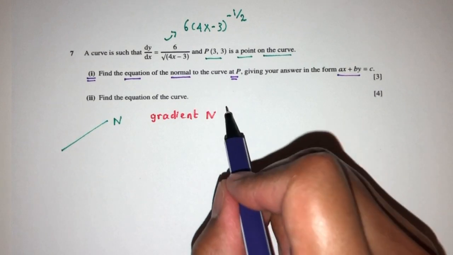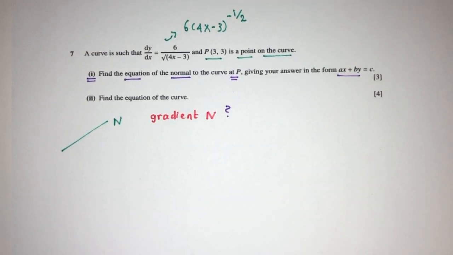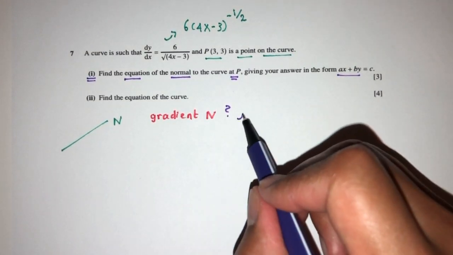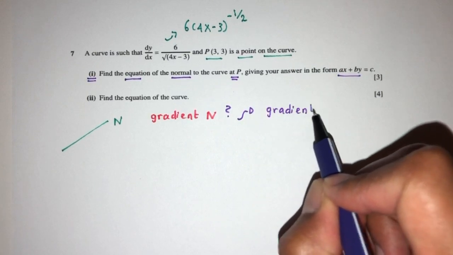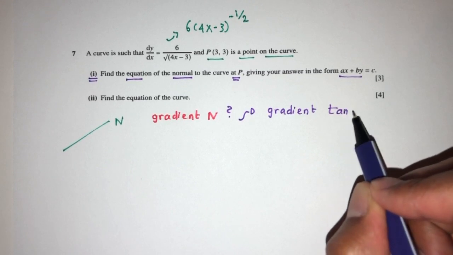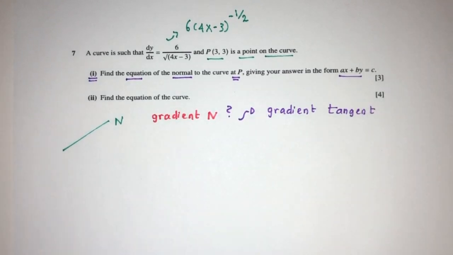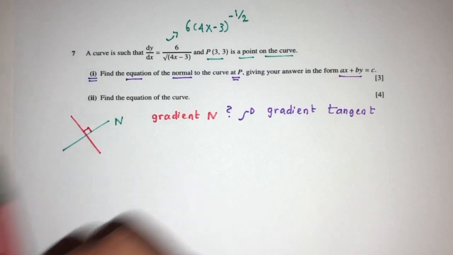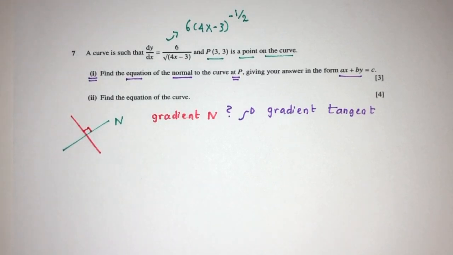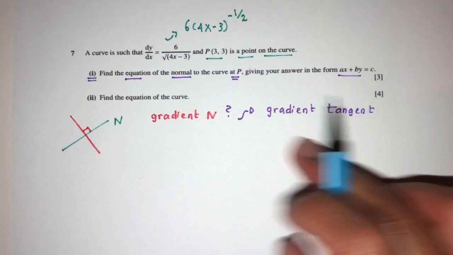So how can we find this? To find the gradient of n, we must first find the gradient of the tangent, because the normal and the tangent are at 90 degrees to each other, so they have a relationship between them. That's why we can use this one to find this one.